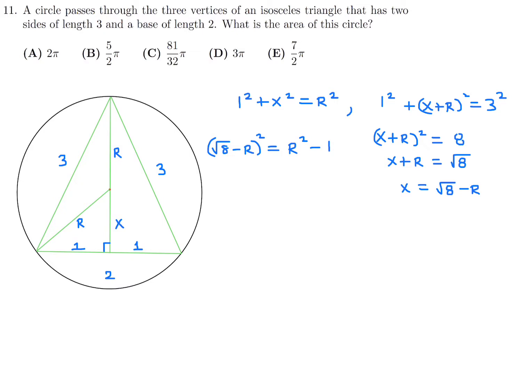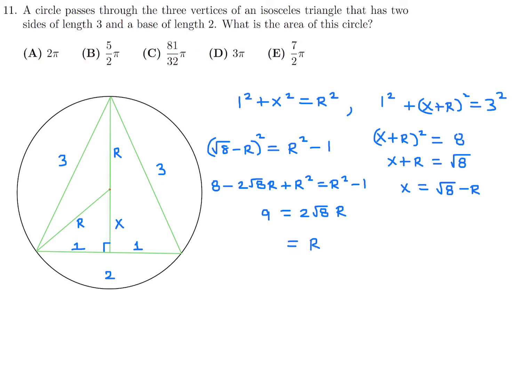So expanding, we get 8 minus 2 root 8 r plus r squared is equal to r squared minus 1. The r squareds cancel, and this just becomes 9 is equal to 2 root 8 r.